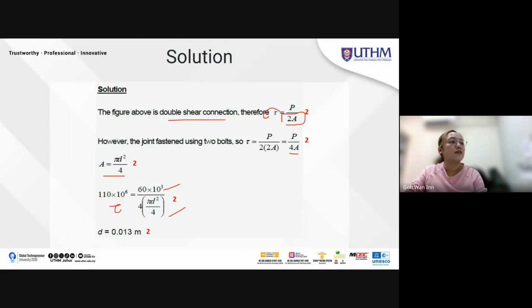After you solve this, there is only one unknown, so you solve it and you get d. To solve this, you need to know how many areas and how many bolts and nuts.